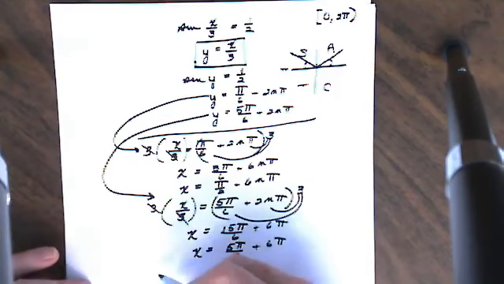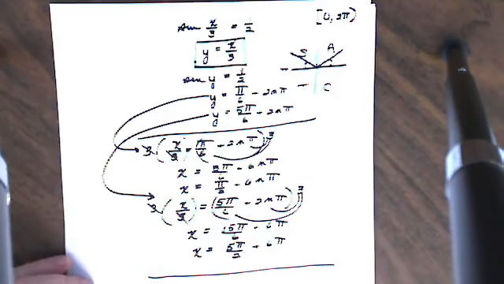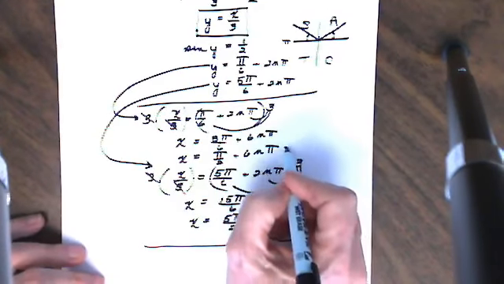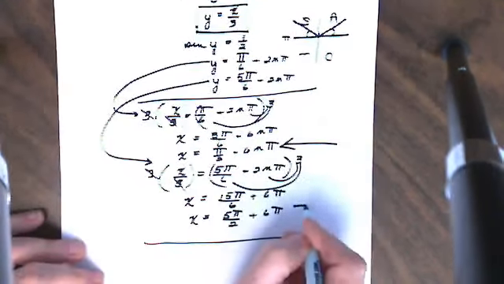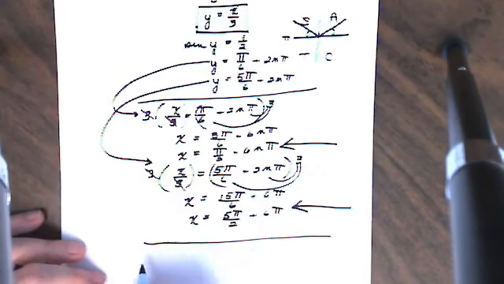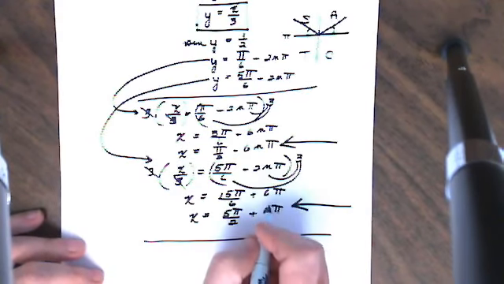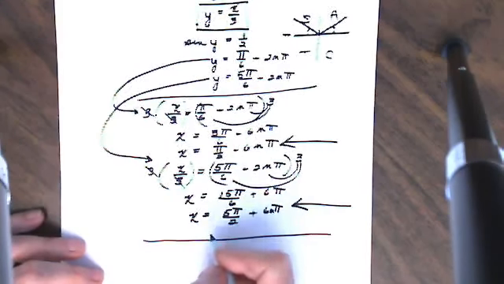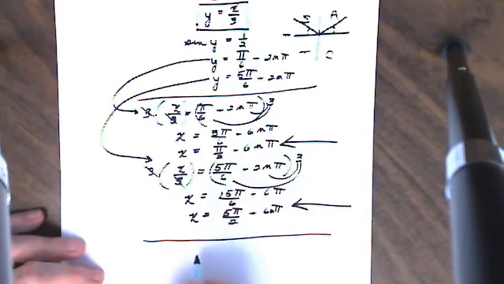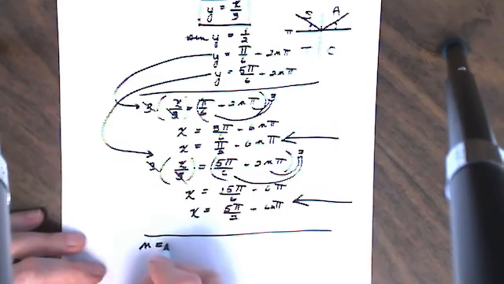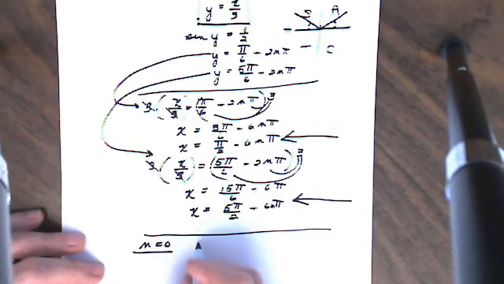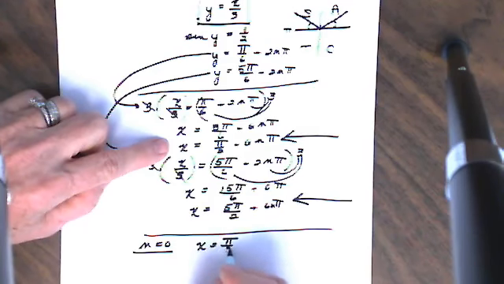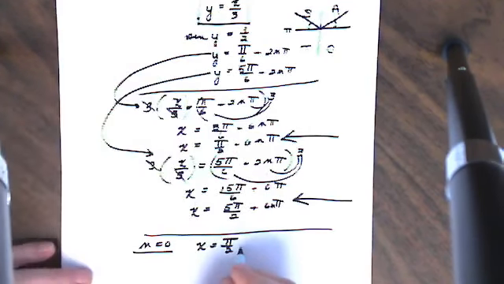Now again, with the problems with multiple angles, I'm going to take this answer here and this answer here, and replace the n's in both of those answers with numbers starting at 0. If n is equal to 0, and I use my first answer, x is equal to pi over 2 plus 0.